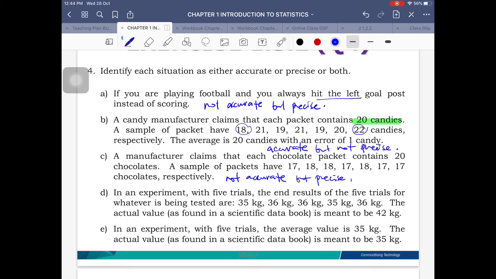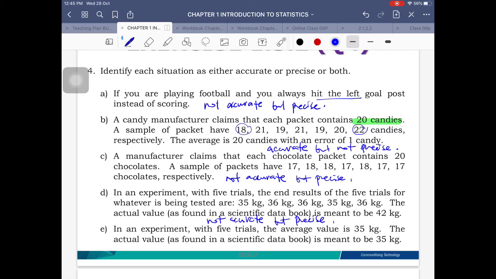For D, in an experiment with 5 trials, the end results are 35, 36, 36, 35, 36. The actual value is meant to be 42. So this is super distorted from the real value, so this is definitely not accurate. But in terms of precision, yes, it is precise, because it keeps hitting 35 and 36.